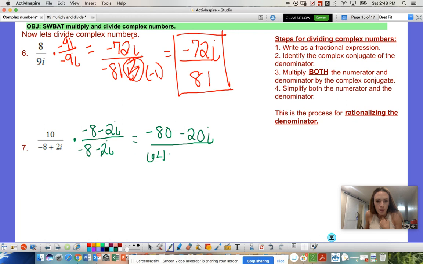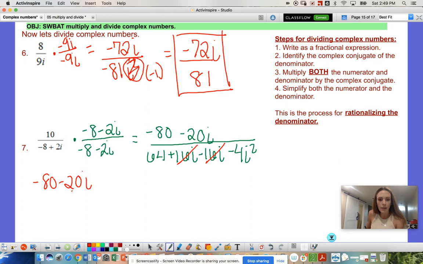And then plus 16i, and then minus 16i, and then minus 4i squared. Okay, so we got these guys going away. And then we'll have negative 80 minus 20i over 64 minus 4i squared, right? But the i squared turns to a negative 1, so we'll just have plus 4.